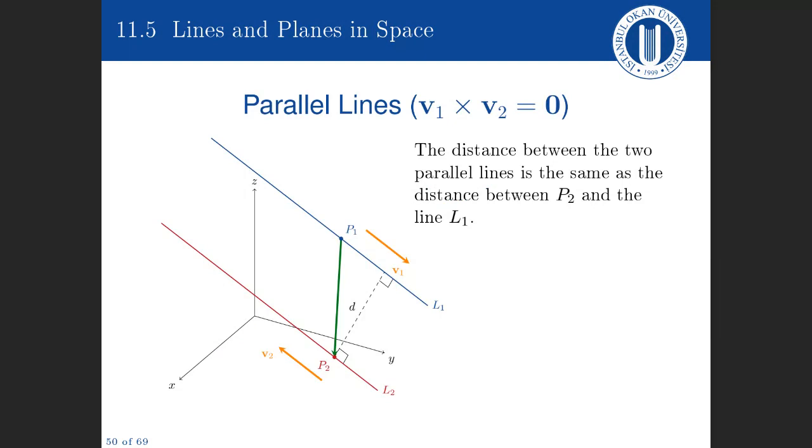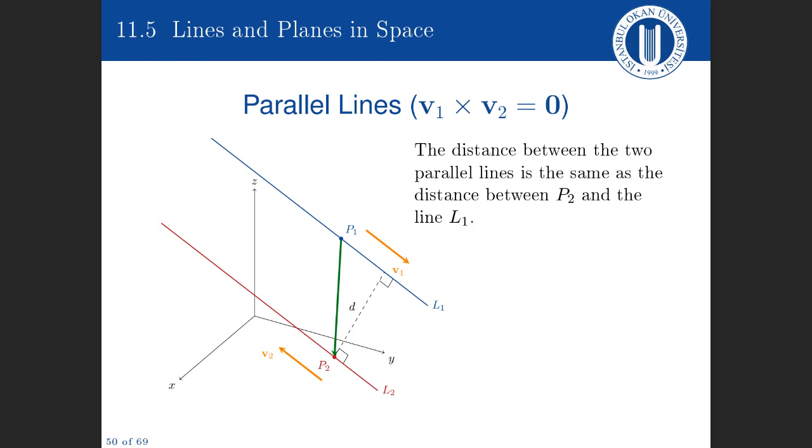Parallel lines. Now remember, the lines are parallel if the vectors are parallel. And parallel vectors, if they're non-zero vectors, means that their cross product must be the 0 vector. This is the case we have when v1 cross v2 is the 0 vector.